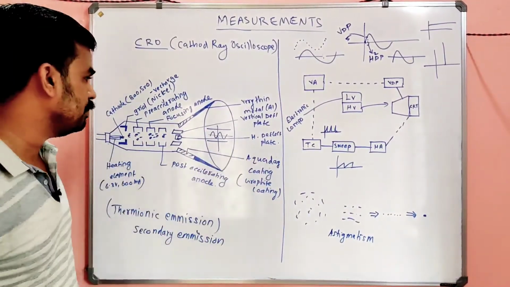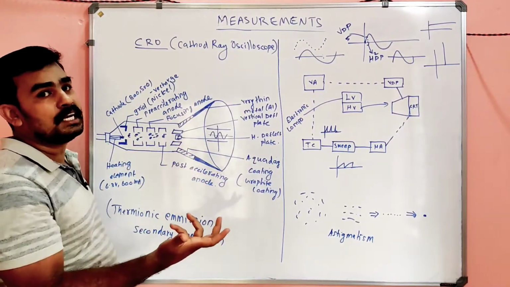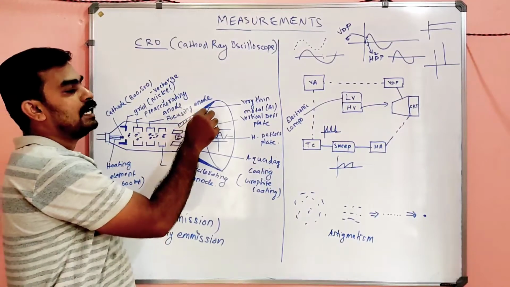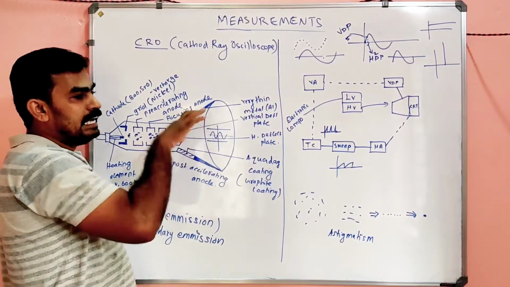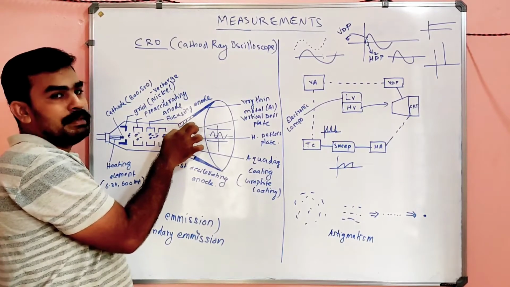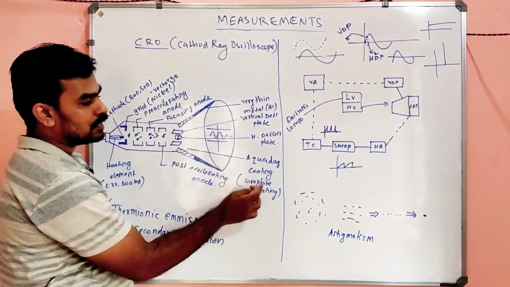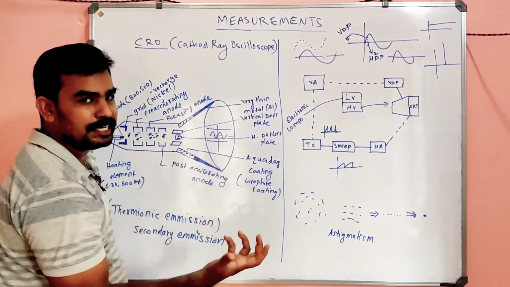Those extra electrons, which are deviated from their path, will be absorbed by this aquadag coating. It is actually an aqueous solution of graphite.